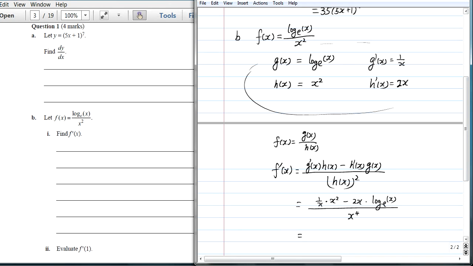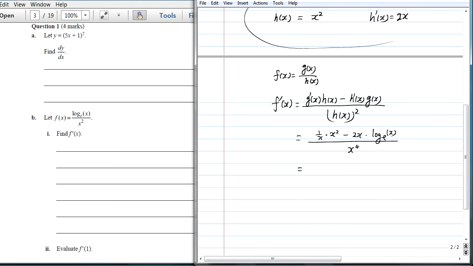Now we can simplify this. x squared times 1 over x becomes x, minus 2x log x to the base e, over x to the power of 4.